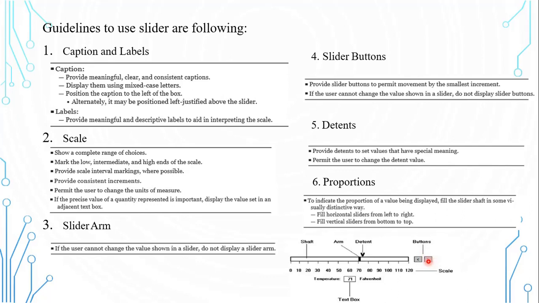Maybe 0, then 1, 2, 3, 4, like this small increments. If the user cannot change the value shown in the slider, do not display the slider buttons. So these are slider buttons you are going to have here, but it's optional. Sometimes you may not be provided with the slider buttons.